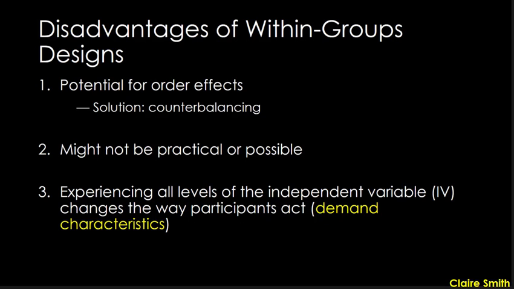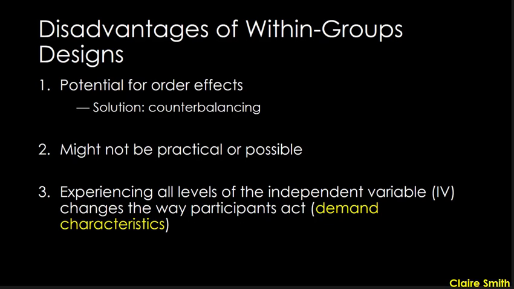So in some situations where you're testing learning, after one exposure to one condition, you're not able to accurately measure exposure to the second, because they've already been exposed to one, which is going to influence, no matter how you set up the experiment, the second condition. So in some cases, it's not practical.